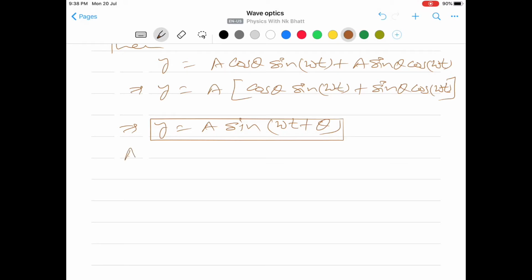To find the amplitude, we will use equations first and second.